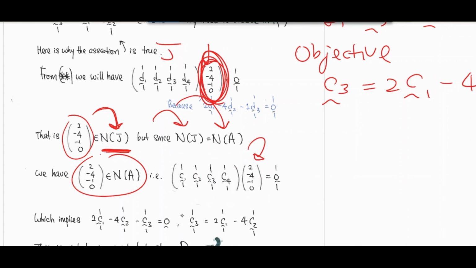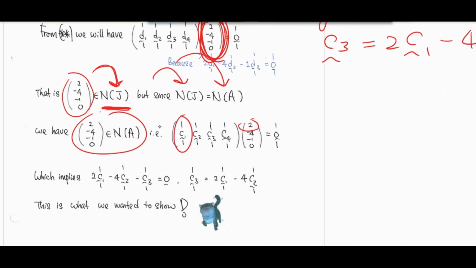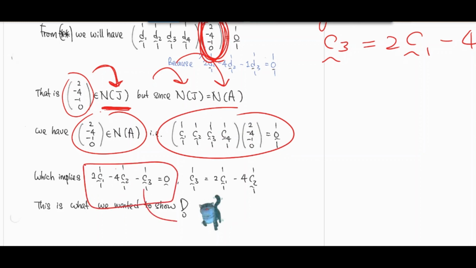So what does that mean? It will give you 2 of this, minus 4 of this, minus 1 of this, plus 0 of this, equal to 0. If you multiply it out, it will give you this relationship. And if you move your C3 across, you get this relationship. And that is what we want to show.